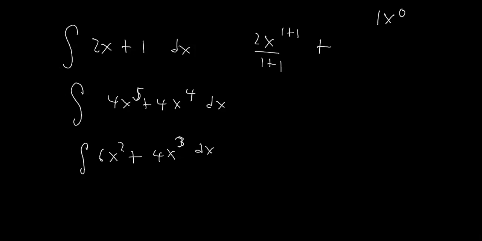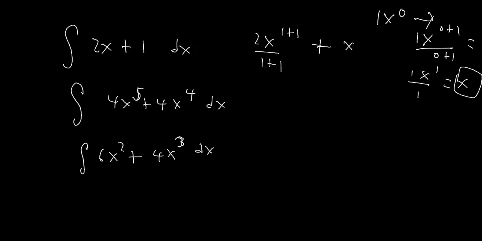In order to solve this, we have to add 1 to the 0 here. So this becomes 1 times x to the 0 plus 1 over 0 plus 1. And then here you just get x to the 1 power over 1, and this is just x. So our answer is just x plus c. Always remember the plus c.